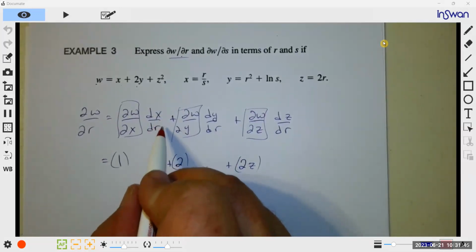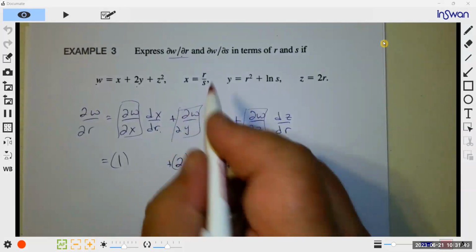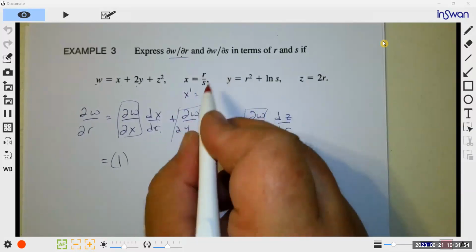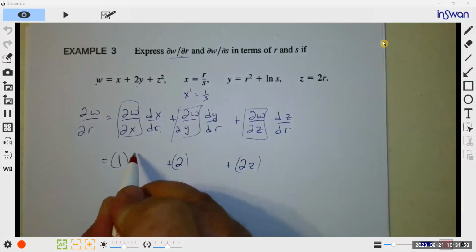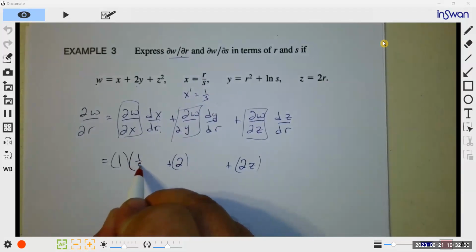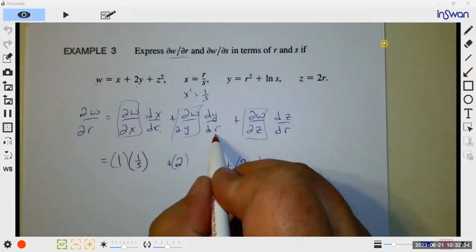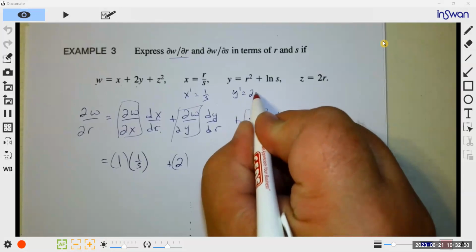Now we take the derivative of X with respect to R. The derivative of X with respect to R is 1 over S, since S is a constant. Derivative of Y with respect to R is just 2R.